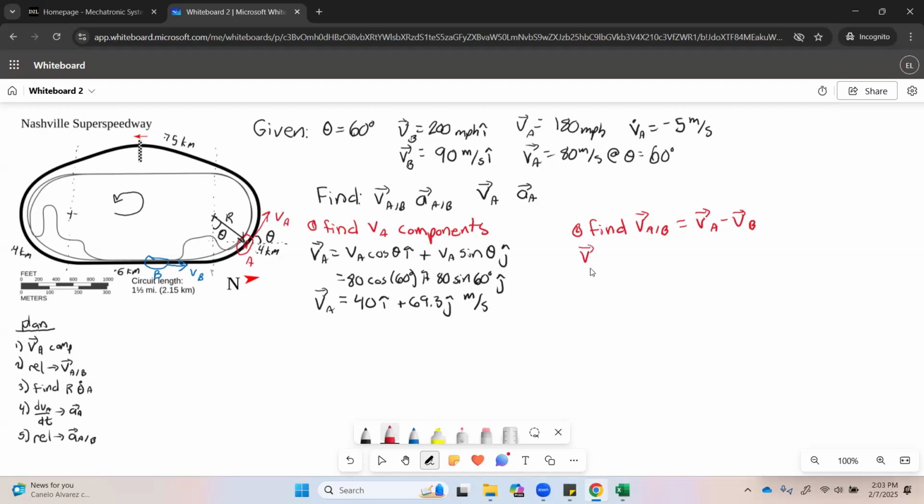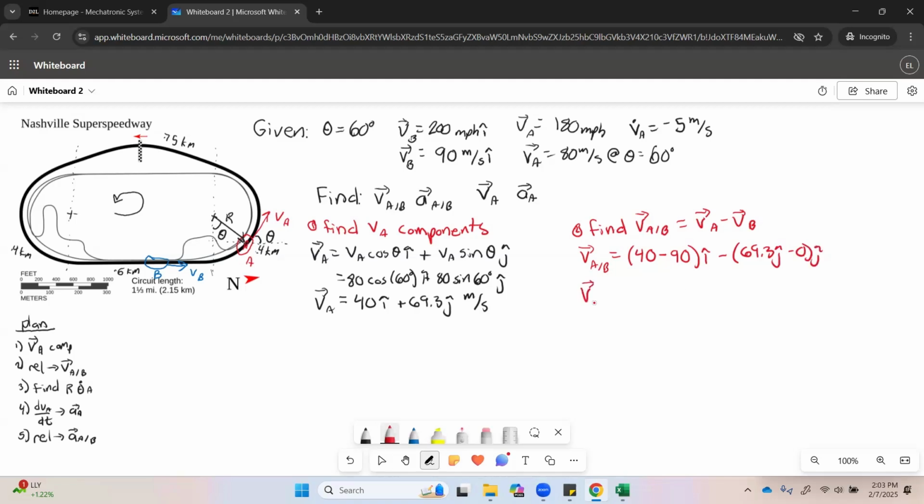So VA with respect to B equals, in the i-hat direction, 40 from VA minus this 90 from VB, and in the j-hat, VA is 69.3 and VB is 0 because it's only going to the right.